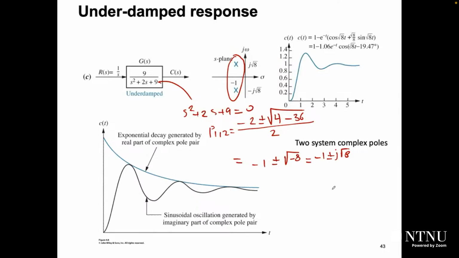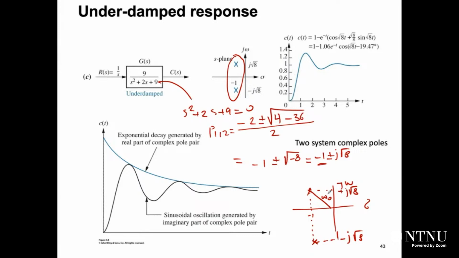As you can see, if we plot it, we have the real part, minus 1, and the imaginary part, plus j square root 8 and minus j square root 8. The distance from the origin will be omega 0.